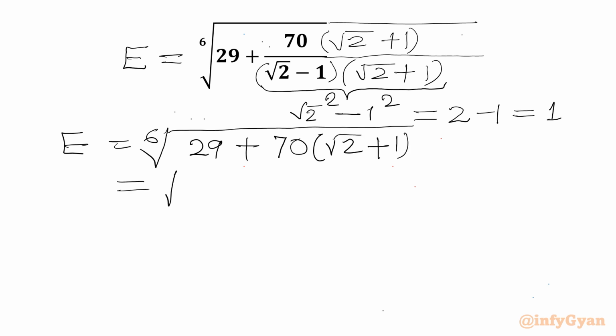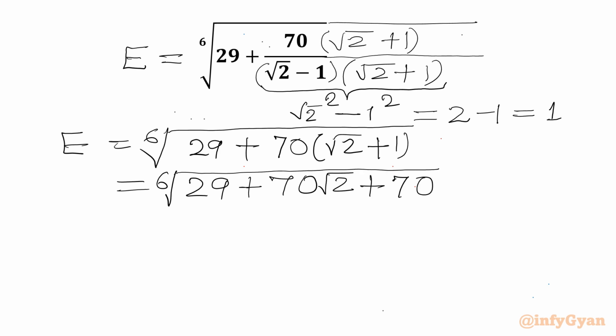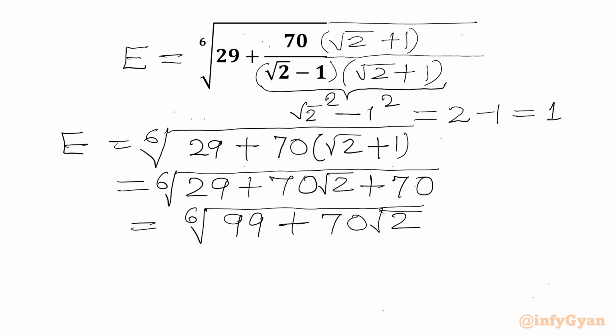Or we can write 6th root of 29 plus 70 root 2 plus 70. Now 29 plus 70 is 99 plus 70 square root 2, which we can write in terms of rational power.